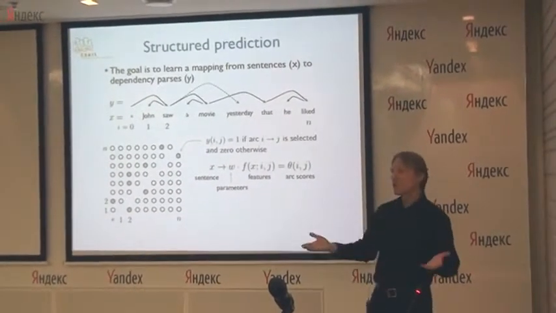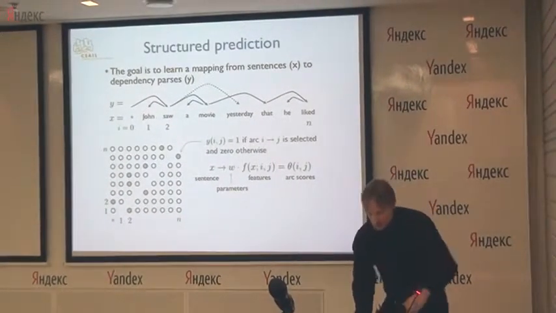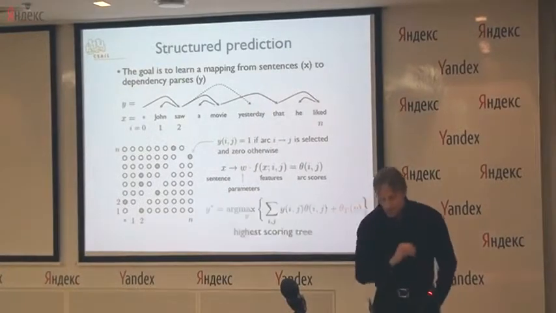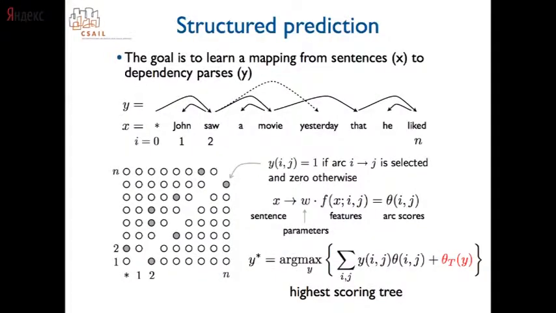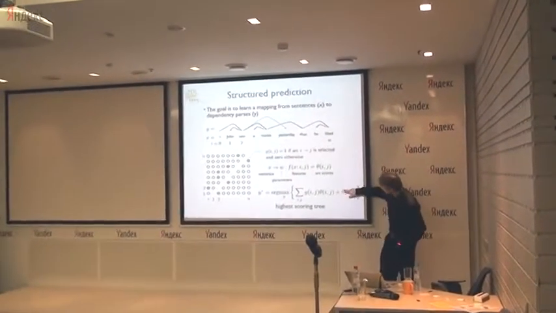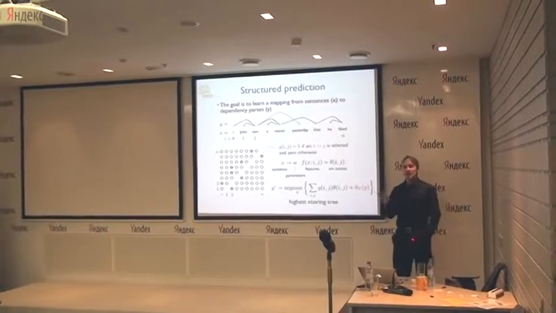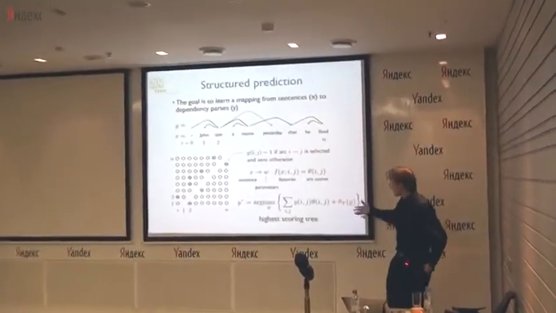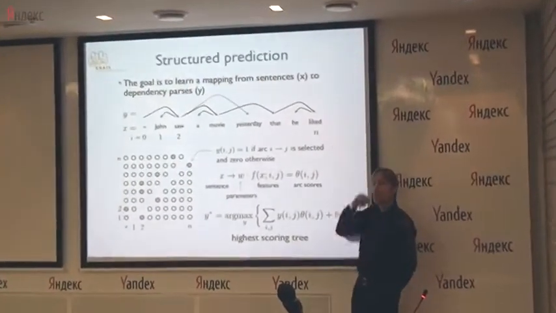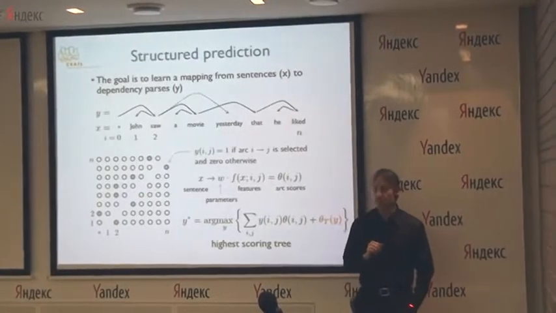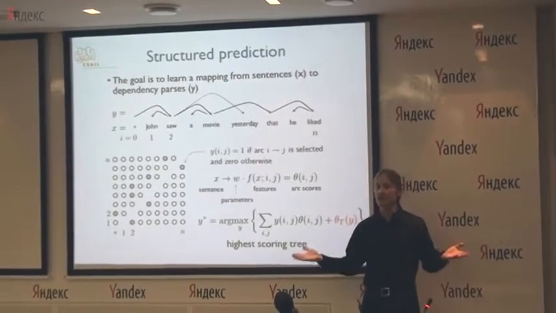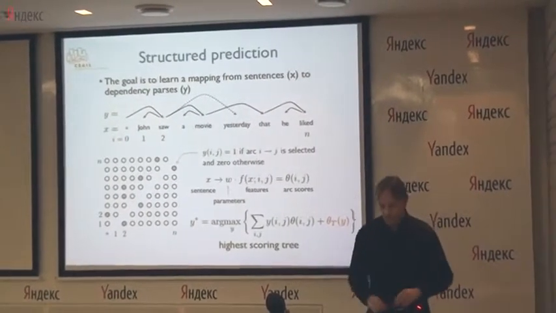So once we have the scores, what we are going to do for prediction is find the maximum score: select all the edges in the parse, find the tree that has the highest score, and this component here merely states that I have to select as a prediction something that is a directed tree. So it excludes everything else that is not a directed tree.